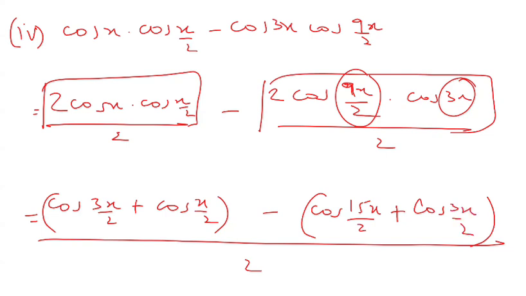Now if you observe, cos 3x by 2 and cos 3x by 2 will get cancelled, because there is a minus sign in between. So now what you need to do, you need to group these terms. Open the brackets, this and this. And there is a minus sign in between, so take this as C and take this as D. Cos C minus cos D you do, you get the answer. Now this time it is the factorization formula, okay?